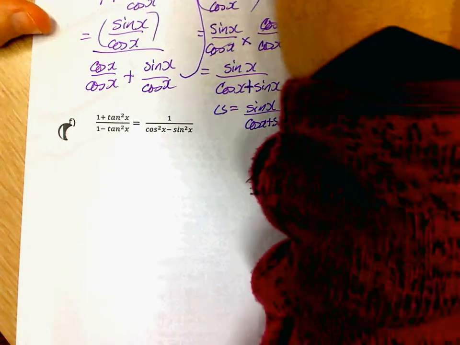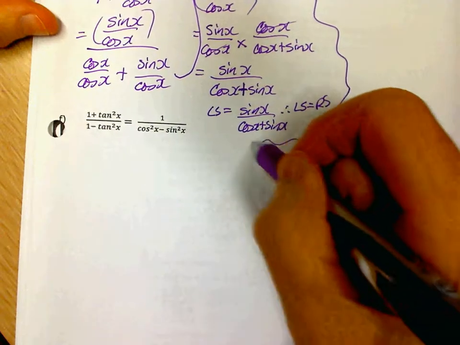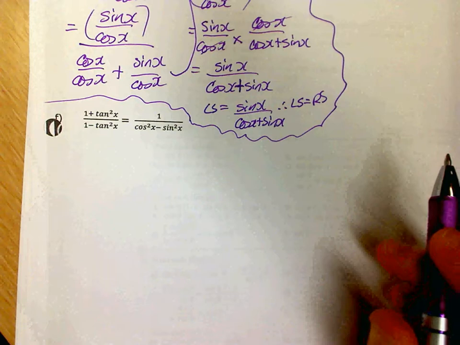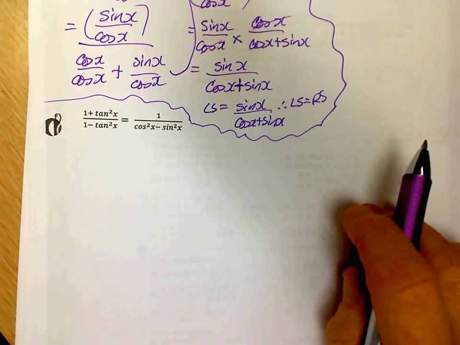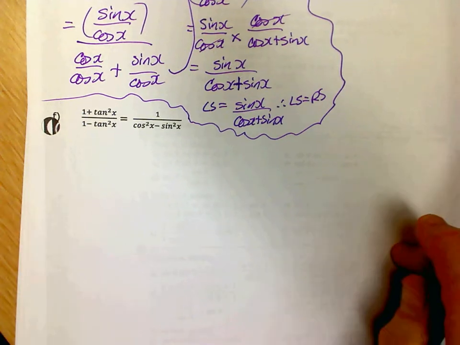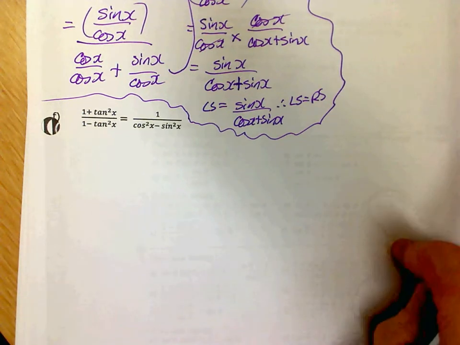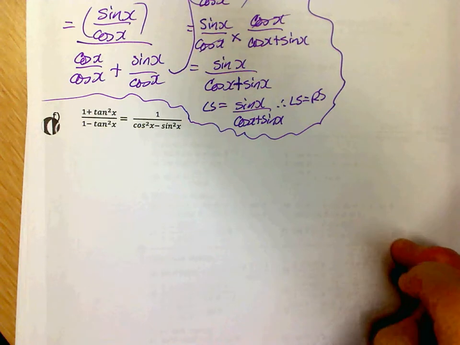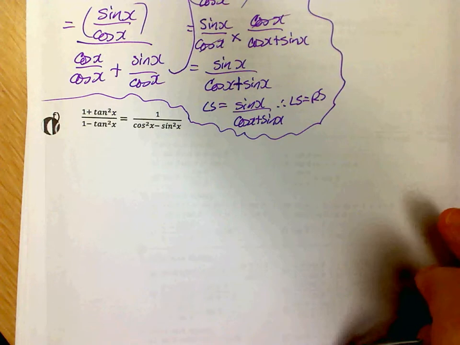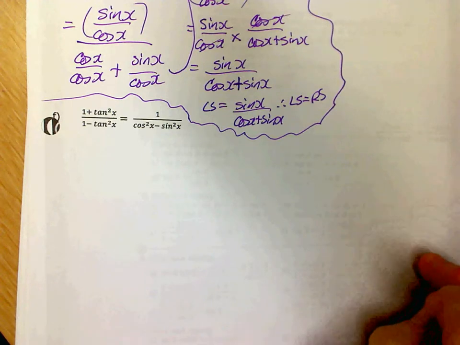So I want you to try E and F, and I'm going to walk around and help you. I think you have enough knowledge to do 1 E, F, G. Oh, H is a tricky one.